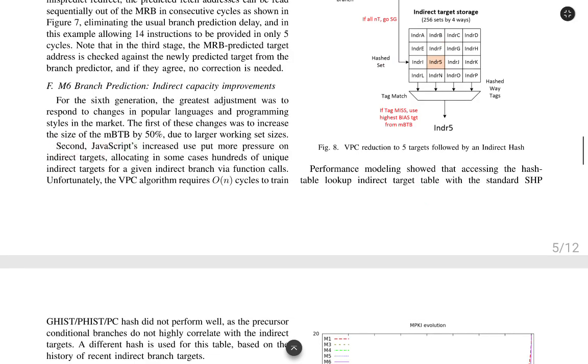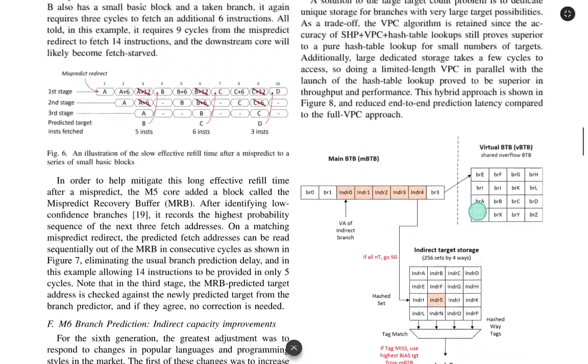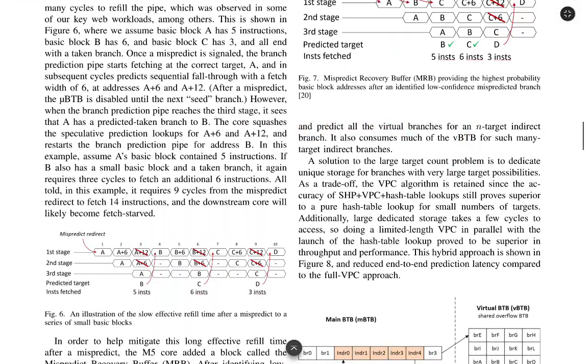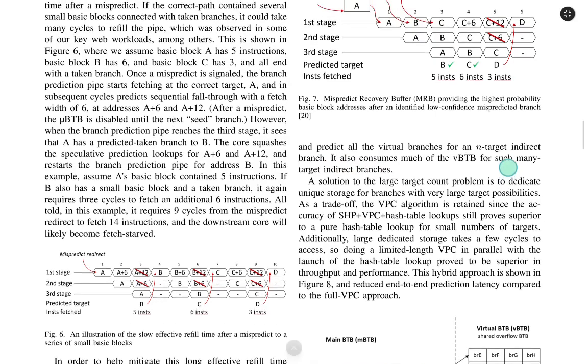Second, JavaScript increased the use of indirect targets, allocating in some cases 100 unique indirect targets for a given indirect branch via function calls. Unfortunately, the VPC algorithm required O(n) cycles to train and predict all virtual branches for an n-target indirect branch.